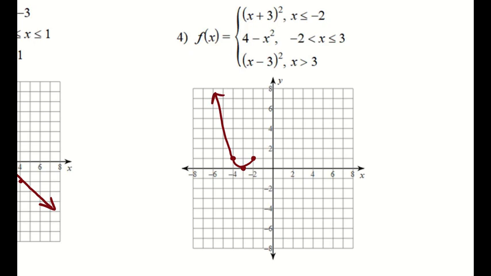4 minus x squared. So it might help to look at it like this: it's negative x squared plus 4. So that is another parabola, but it's moved up 4 and then reflected over the line y equals 4. So we substitute negative 2 in, and we get 0, because negative 2 squared is 4, and 4 minus 4 is 0. We substitute 0 in. We know we have that y-intercept at 4, and it's going to curve down parabola-like in here.